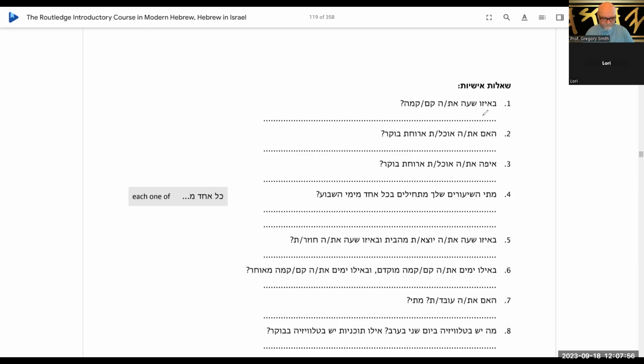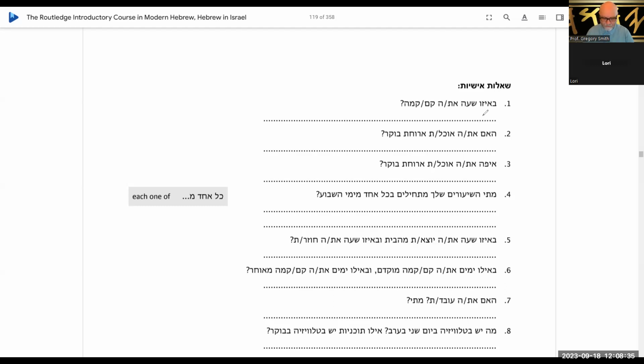Might be yahatzi. Okay, let me try this here. אני קם ב-9:30. That's not right. Let me change that to, there we go. Let's try that. אני קם ב-9:30 בבוקר. Yeah, vahetzi baboker.